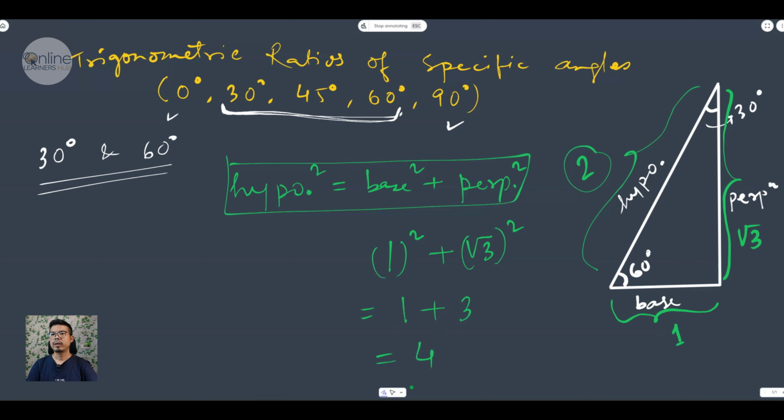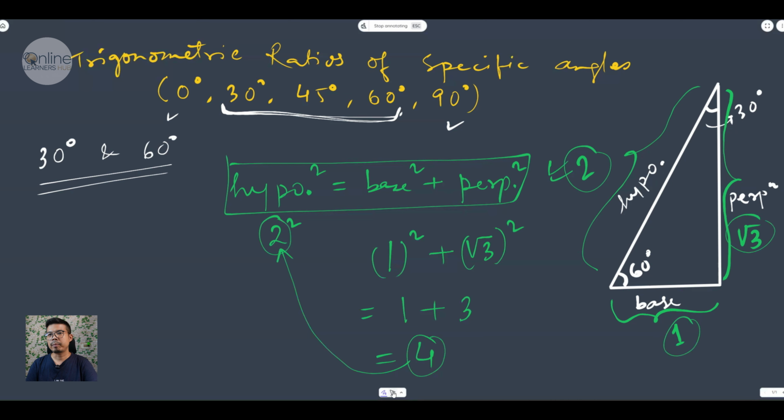Now it will be 4. Now what is 4? 4 is nothing but 2 square, isn't it? Now hypotenuse square is 2 square, so hypotenuse will be just 2. So that's how you can prove that the value I have given here is correct. As I have proved, it is correct.